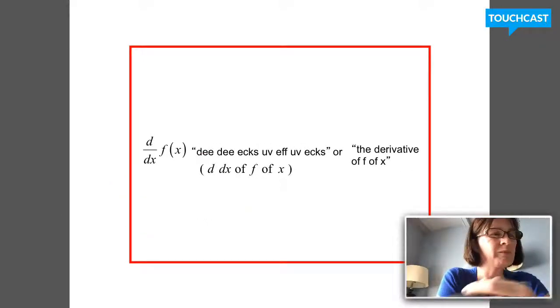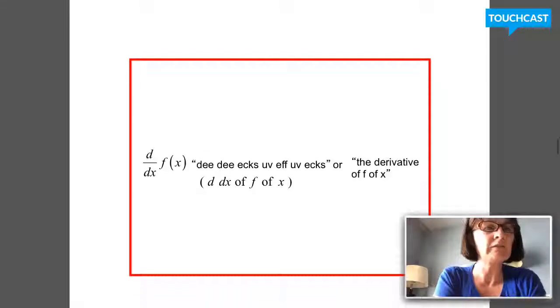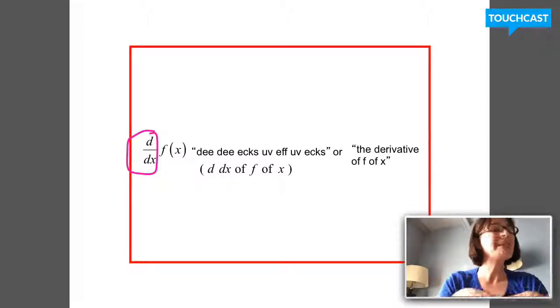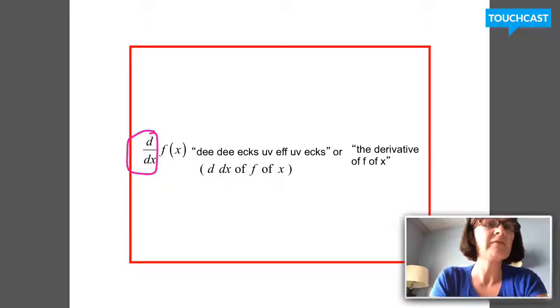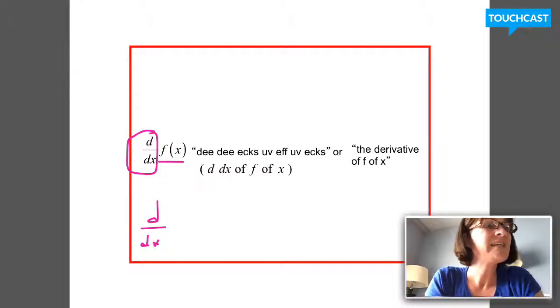And then one more notation you might see, again, if I gave you a function in f of x notation and I asked you to take the derivative, you might use this expression to say, I'm taking the derivative of f of x. So this one's a little bit different. d dx is an operator.